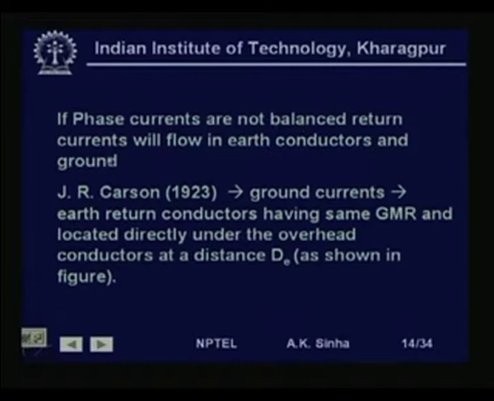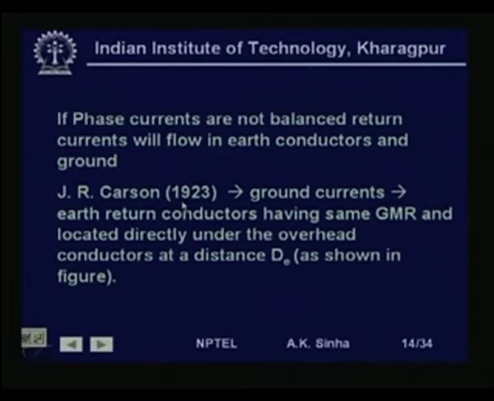So, if phase currents are not balanced, return currents will flow in earth conductors and ground, since these earth conductors are connected to the tower and grounded by the tower footing. The current flowing in these earth conductors will go into the ground and disperse and flow in the ground also.